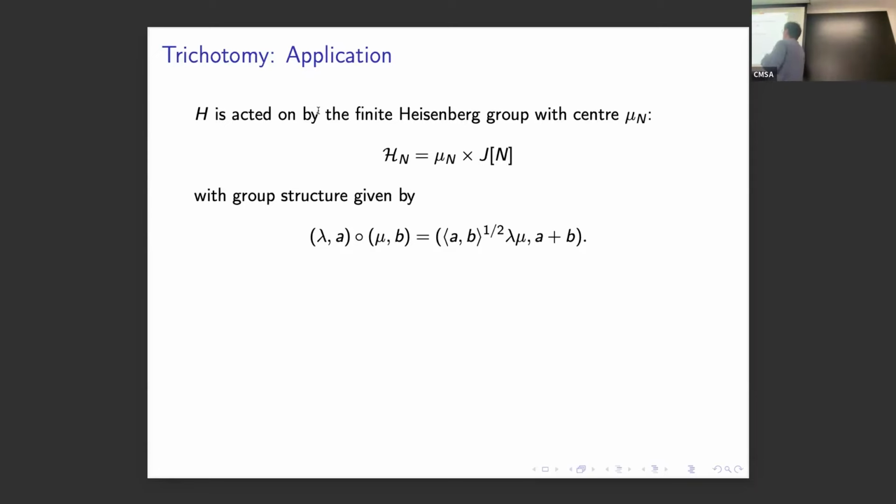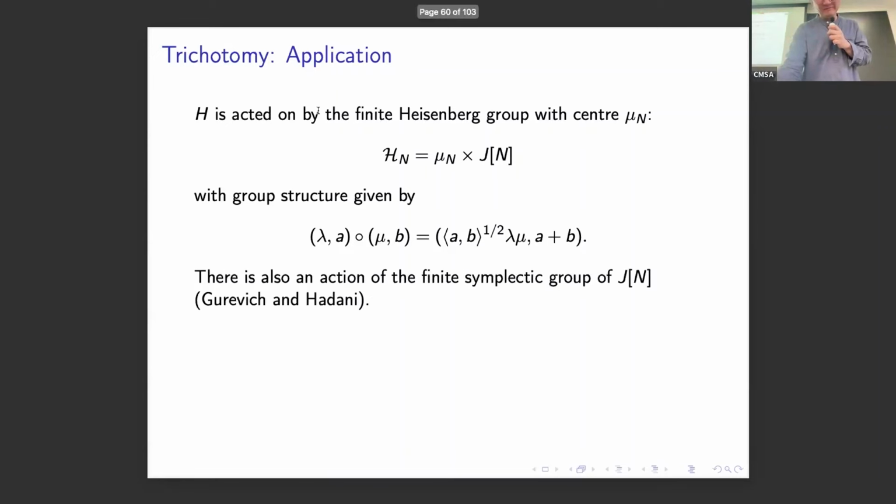I'm just writing down the group law of the Heisenberg group. It's a general fact that the space of global sections of L to the N carries a Heisenberg group action. But there's also a symplectic group action, coming from the N-torsion of the Jacobian, which has a symplectic pairing.